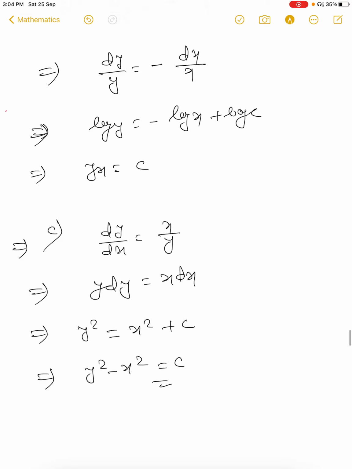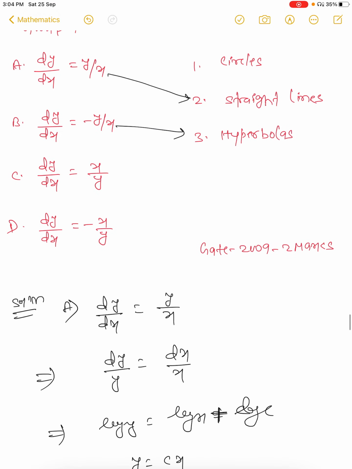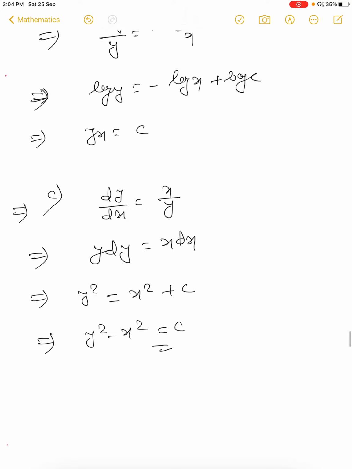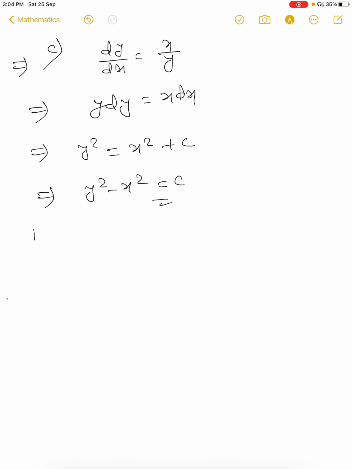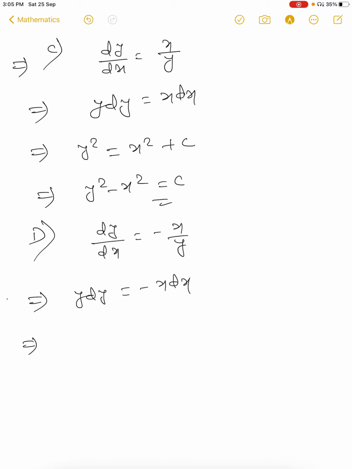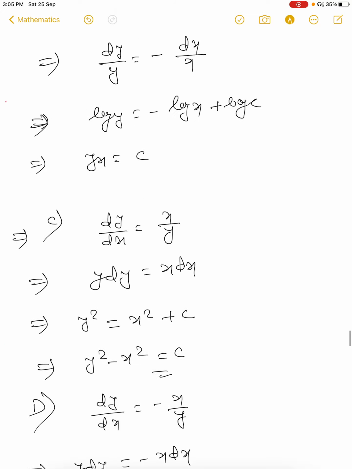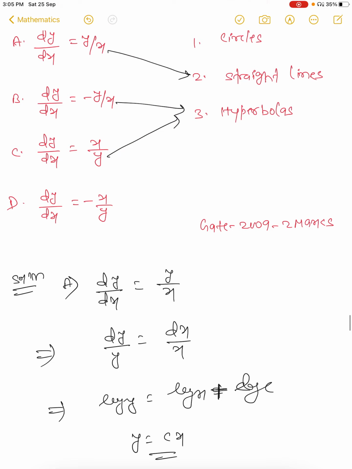This one is also a hyperbola. And now next, d: dy by dx is given minus x by y, y dy equals minus x dx, y square plus x square equals c. Then it will be a circle.